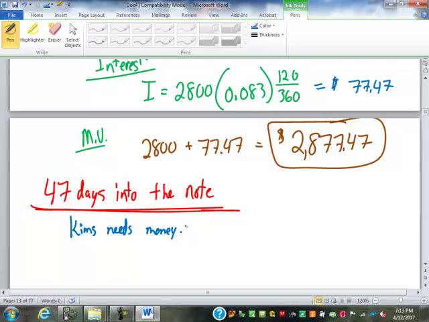I'm just going to go to Pat and see if he can pay me. So Kim goes to Pat and says, hey, I had this thing come up. I've got to have a little bit of cash right now. Can you pay me all or some of what you owe me? Pat goes, you know what? I'm really sorry, but I don't have it. And I've still got 73 days to go before I have to pay it back. I can't do it. So what are Kim's options?